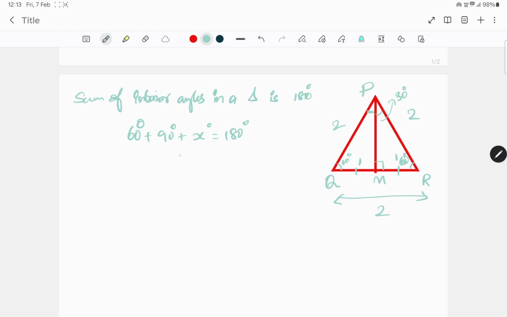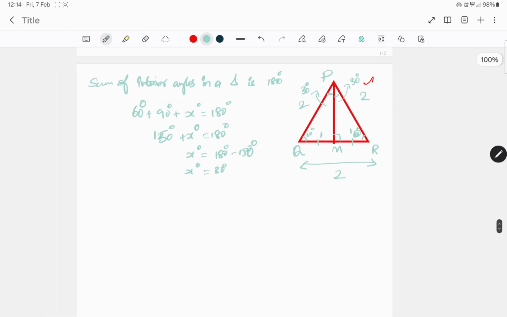Adding, we get 150 degree plus x equal to 180. Take the 150 to the right hand side. 180 degree minus 150 degree. Then x value will be 30 degree. That's what we got here as 30 degree. Likewise, in this triangle also, this angle will be 30 degree.